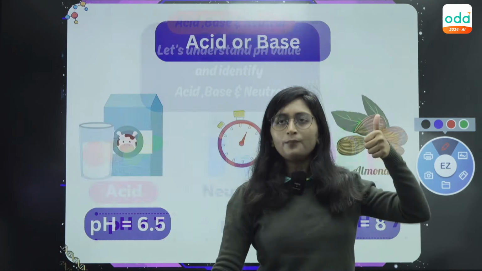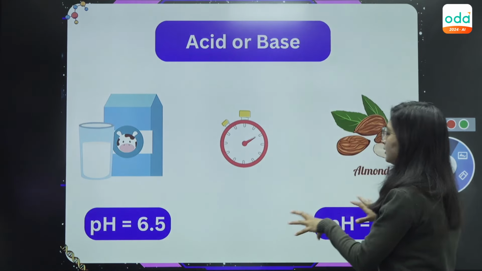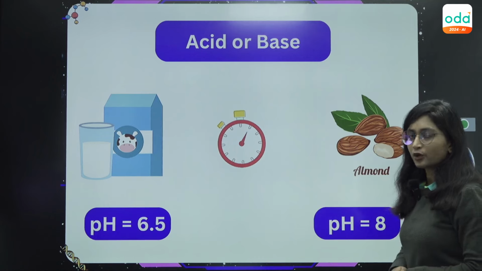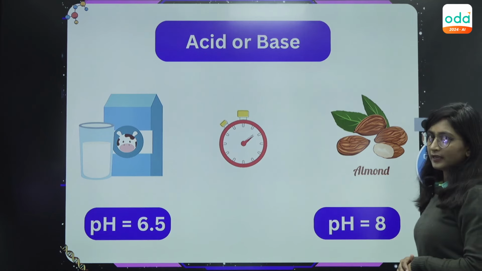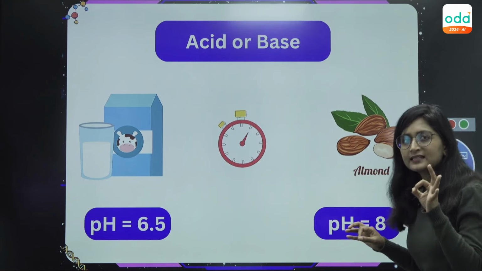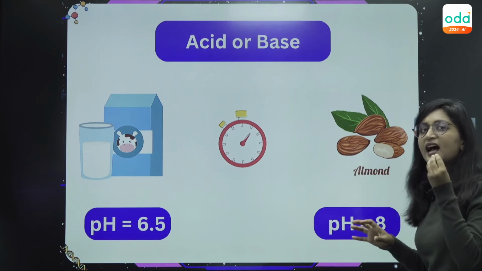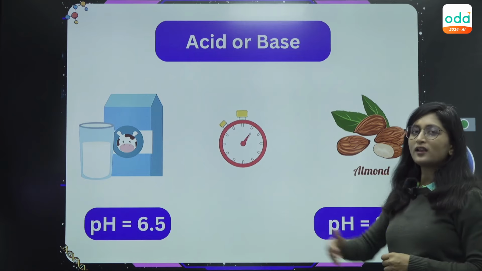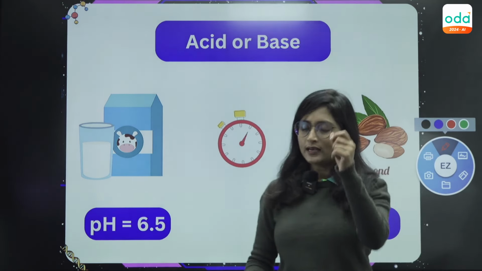Right? Good to go. Now, here there is a comparative value. You can see pH equal to 6.5 and pH equal to 8 for the almond. So, which of these is an acid? Which of these contains acidic nature? What would be the answer? Yes, of course, the one which has the pH value lesser than 7.